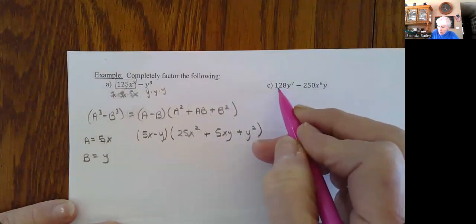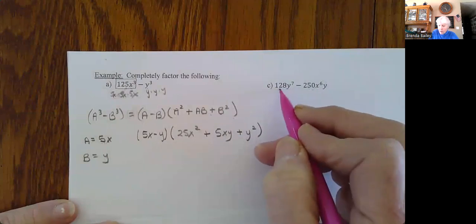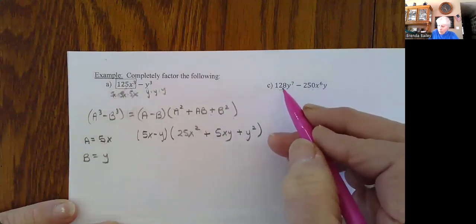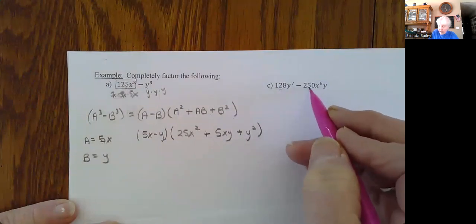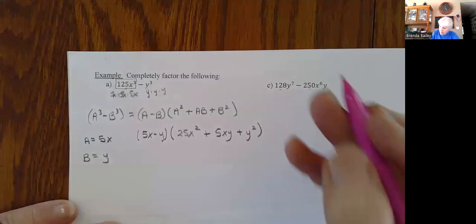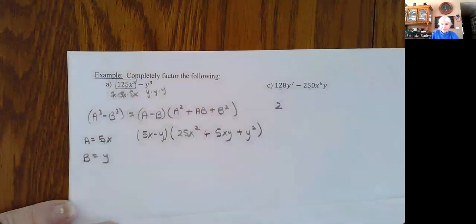Well, 2 is the largest number that goes into both of those. You could try dividing them both by 4, and you'll get a decimal. You could divide them by 8, but ultimately 2 is the largest number that goes into those.